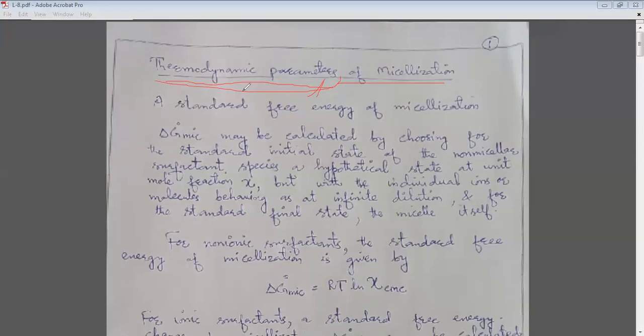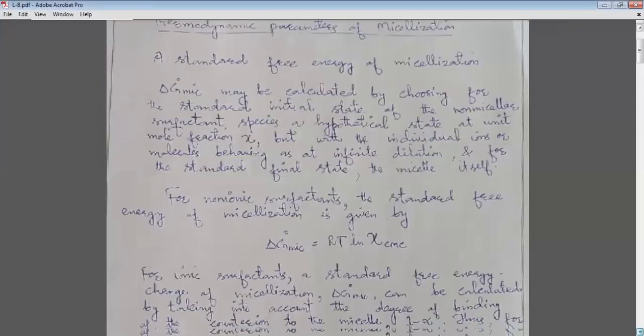Okay, you know already from previous lectures that the Gibbs free energy is related to this expression: delta G degree, or delta G naught, of micellization is equal to RT ln of chi CMC.